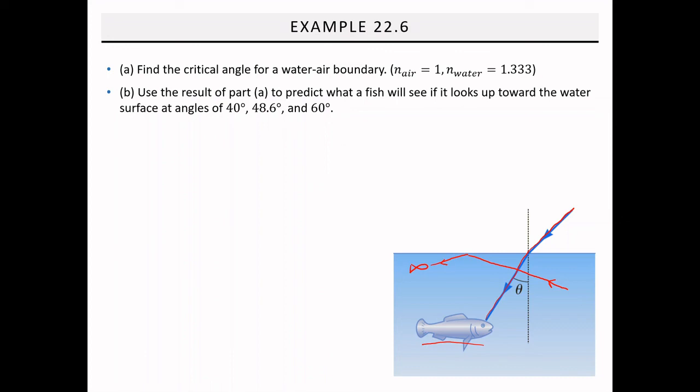So if the fish is sort of skimming the surface, instead of seeing the sky above, it'll see some reflection from the ground at the bottom. And this will occur when the angle is larger than the critical angle.